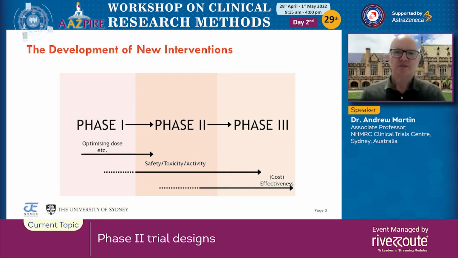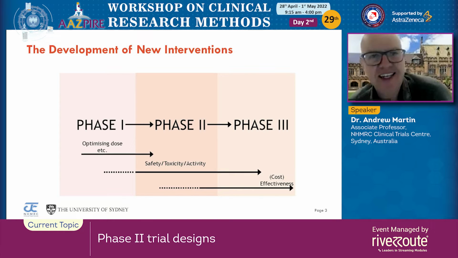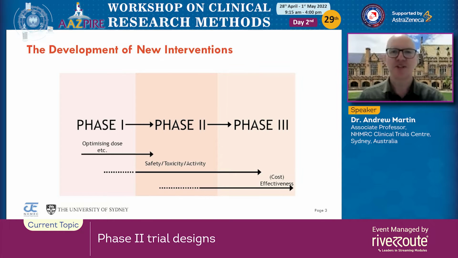So where does a Phase 2 trial fit in the development continuum for a new intervention? Well, not surprisingly, it fits in between Phase 1 and Phase 3. And you can think of Phase 1 as being an initial assessment of an intervention's feasibility.